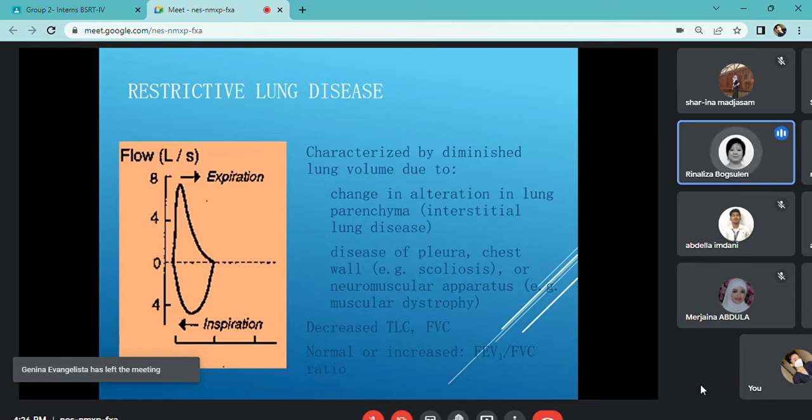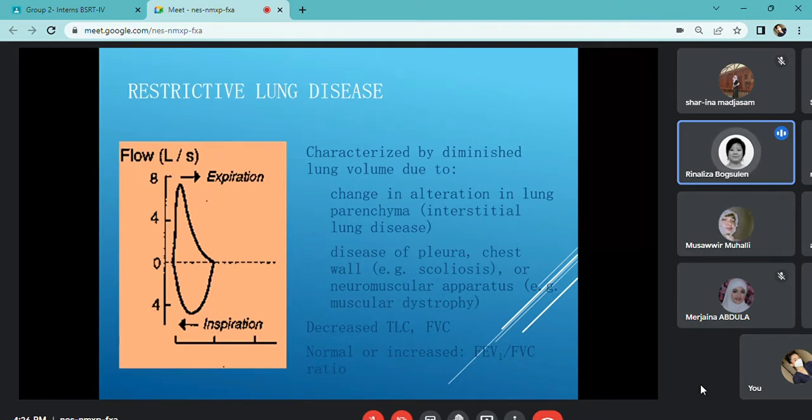Your FEV1 for both restriction and obstruction will be decreased. But the pathology behind the reason why your FEV1 will be decreased in both diseases will actually be different. Anong ibig sabihin nun? Both restriction and obstruction will show a decreased FEV1 result.